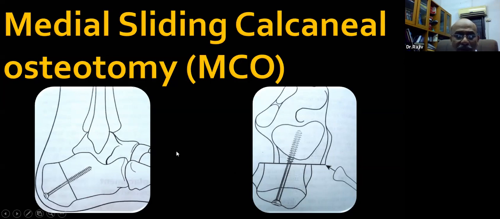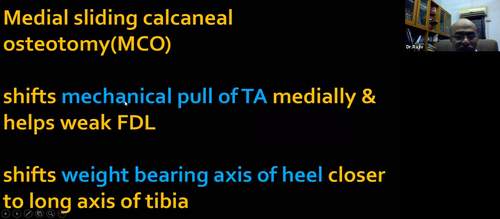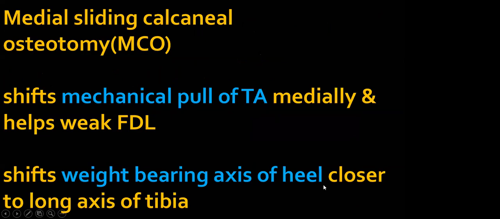So this is called medial calcaneal slide osteotomy or MCO. So it shifts the mechanical pull of tendo-Achilles medially and thereby it helps flexor digitorum longus. It also shifts weight bearing axis of the heel more closer to the long axis of the tibia.